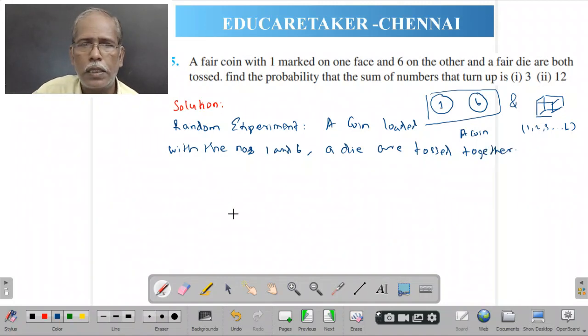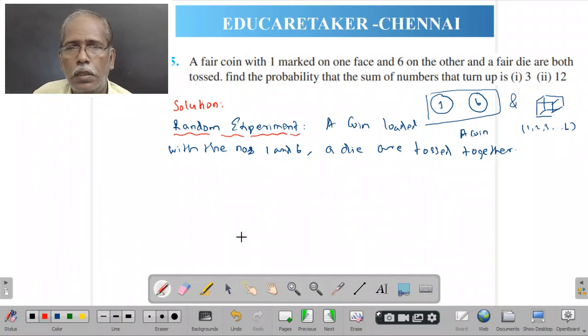So based on this random experiment, we should be able to write the sample space. What is the sample space? The collection of all possible outcomes from the random experiment, usually denoted by S.